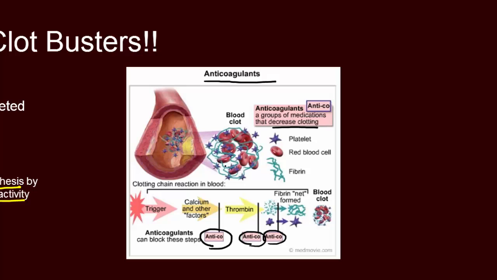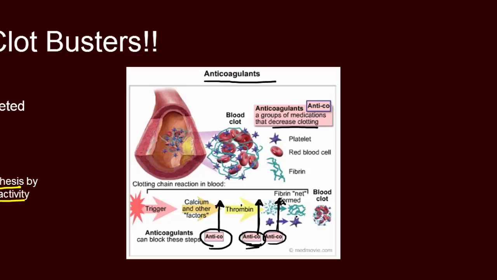We can also use some of these anticoagulants to stop, for example, calcium and other factors from activating thrombin. Remember, we need to activate thrombin from prothrombin. We can also use anticoagulants to inhibit the activity of thrombin, which forms the fibrous mesh network.